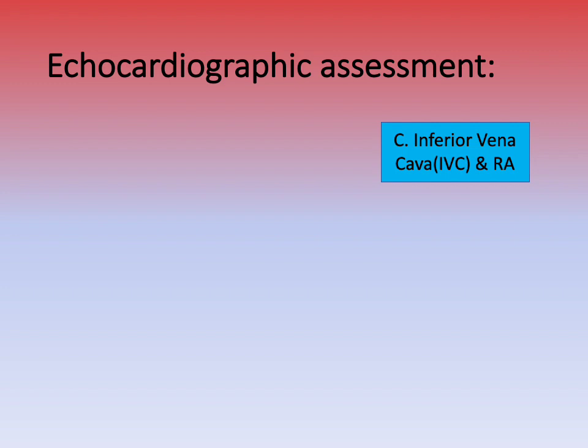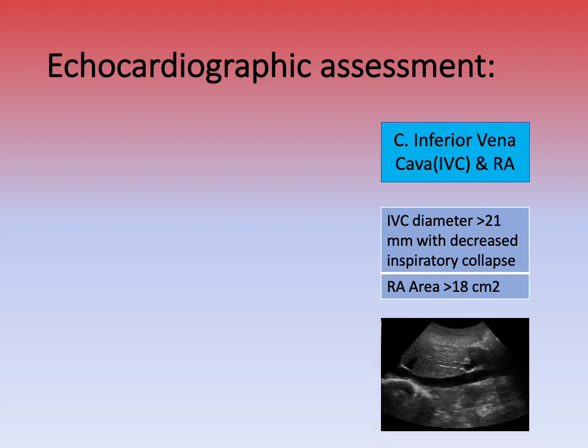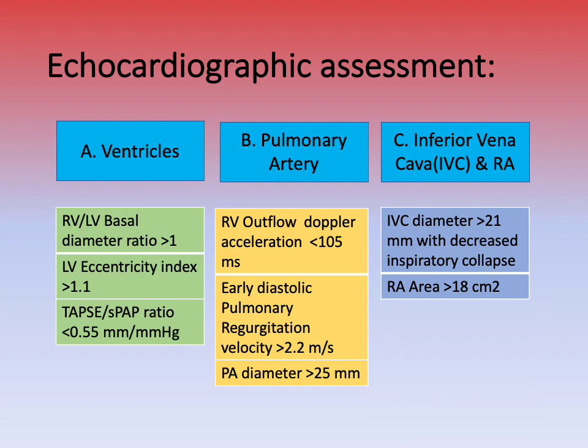In inferior vena cava and right atrium there are two variables: inferior vena cava diameter more than 22 mm with decreased inspiratory collapse, right atrium area more than 18 cm square. These are the different variables related to ventricle, pulmonary artery, inferior vena cava and right atrium shown together in this slide.